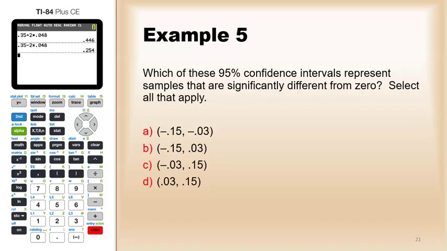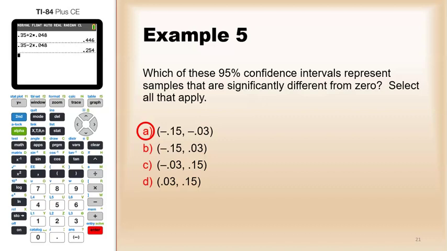Okay. Here, which of these 95% confidence intervals represents samples that are significantly different from 0? So I'll select all that apply. That first one, negative 0.15 to negative 0.03, you notice that the range of plausible values is entirely negative. So that would mean that 0 would be outside, we would reject. So part A would be one that is significantly different from 0.